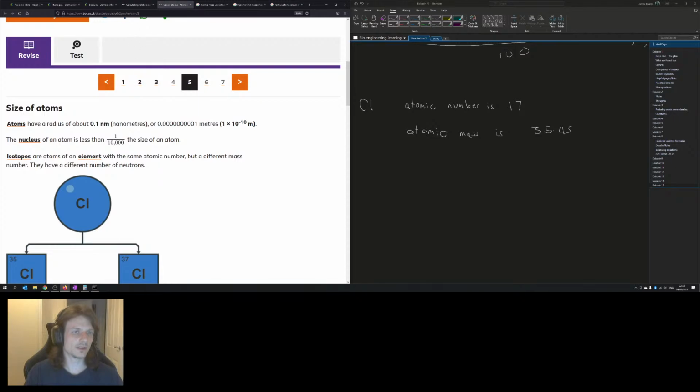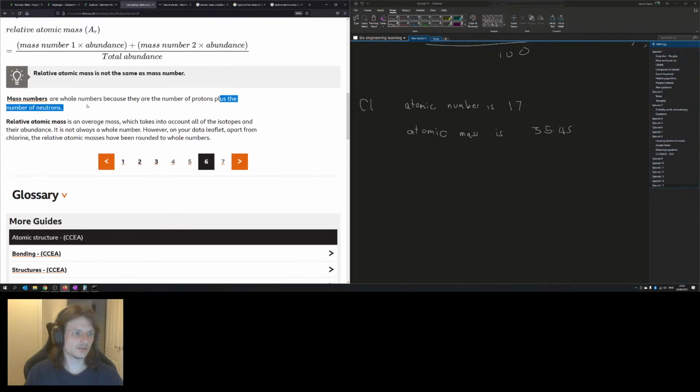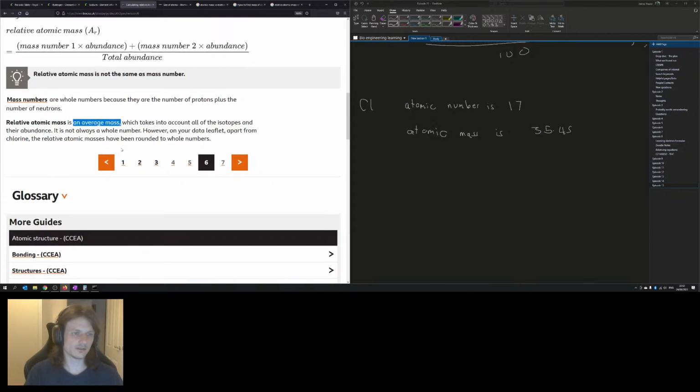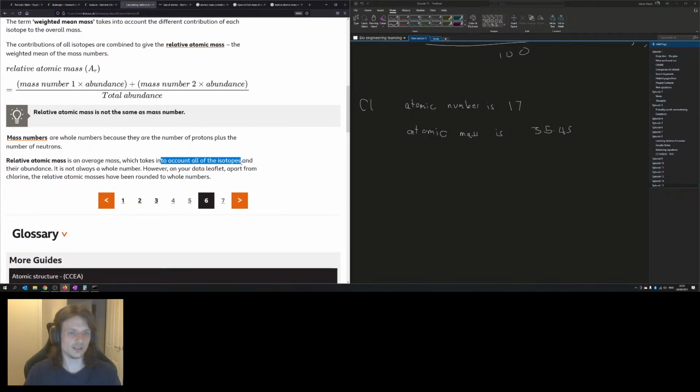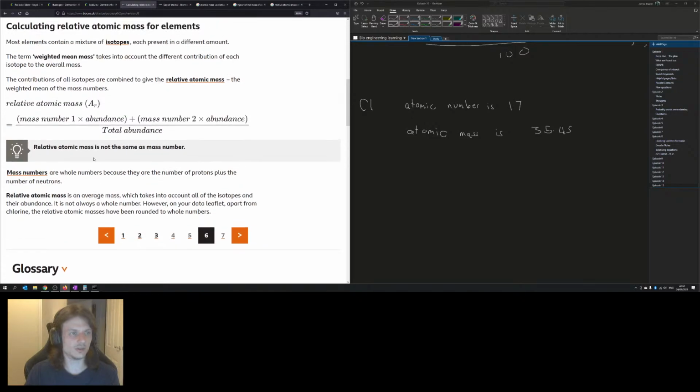Relative atomic mass is an average mass, which takes into account all of the isotopes and their abundance. It is not always a whole number. However, on your data leaflet, apart from chlorine, the relative atomic masses have been rounded to whole numbers.